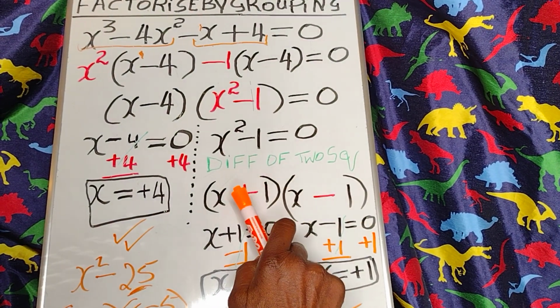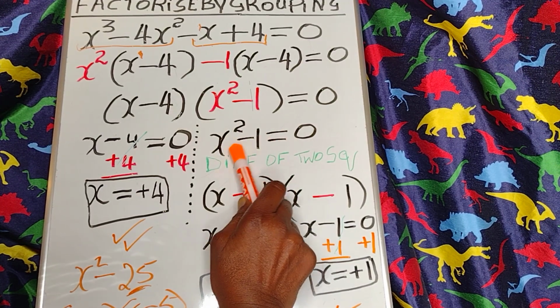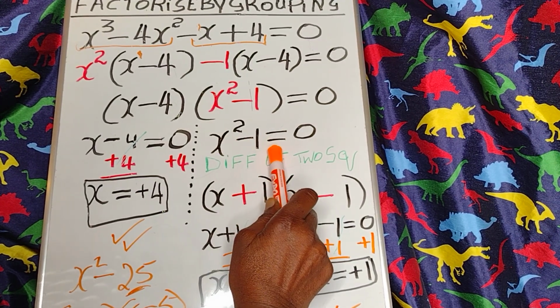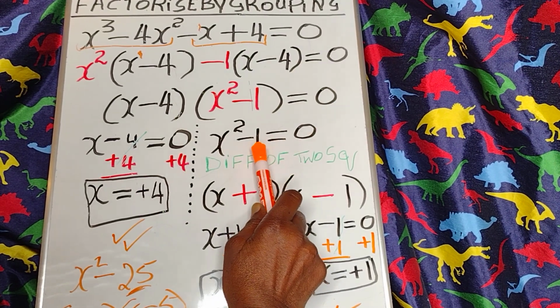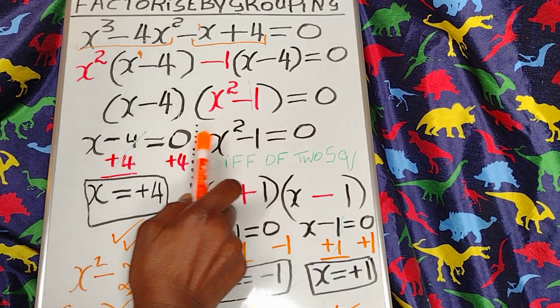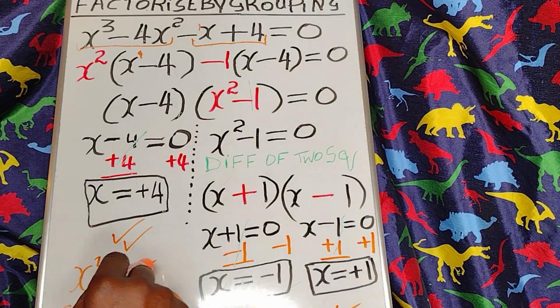So in this case, we are having the difference of two squares. So what do we mean by difference of two squares? When we come here, this is a good example of what I wrote here. Difference of two squares means if you take 5 times 5, it is going to be 25.